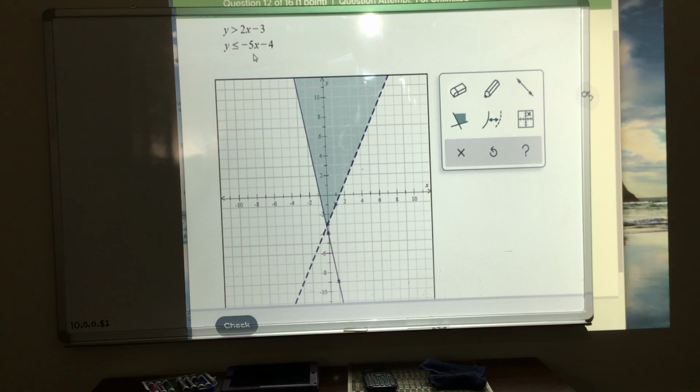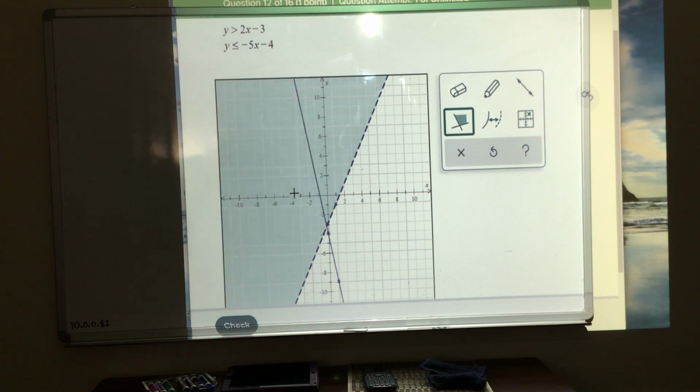And then I am going to shade the below side of that one. And I have to turn this shading off somehow, because that's not supposed to be. No. Oh, my shading's got all screwed up.